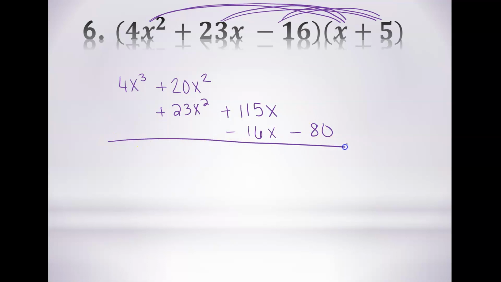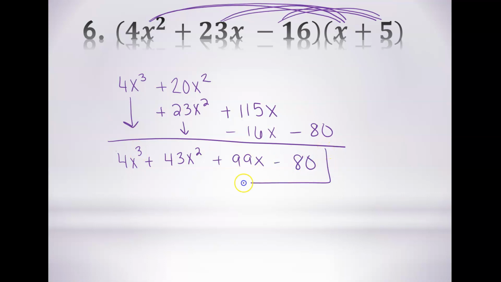And then all we're going to do is add like terms together. So you get 4x cubed, 20 and 23 gives us 43x squared. 115 minus 16 gives you positive 99x. And then a negative 80.